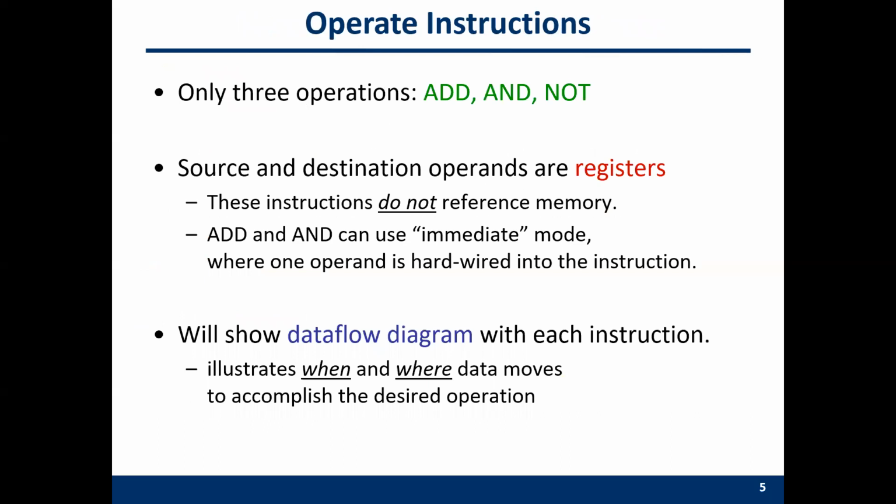So there are 3 types of arithmetic and logic operations: only 1 arithmetic operation and 2 logic operations, AND and NOT. These instructions can only happen on registers. We have only 8 registers, and they cannot operate on memory.